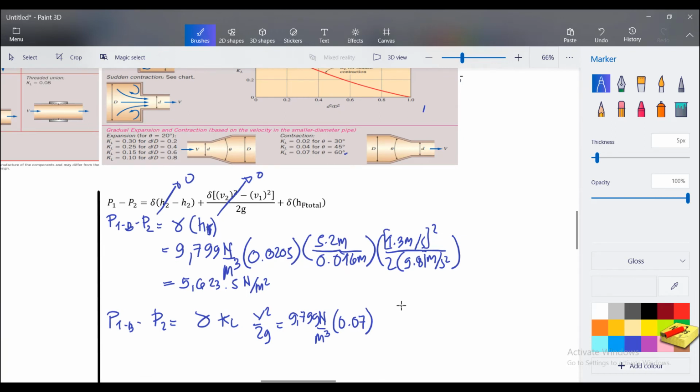Then the velocity on the pipe, we have 1.3 meter per second. So this is squared divided by 2 times 9.81 meter per second squared. So let's change this one.